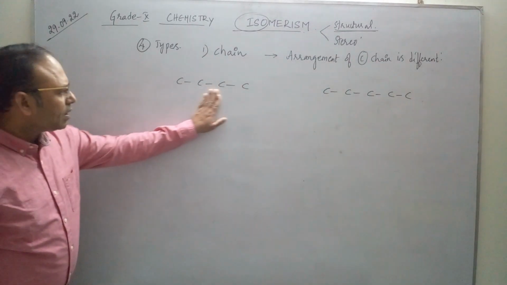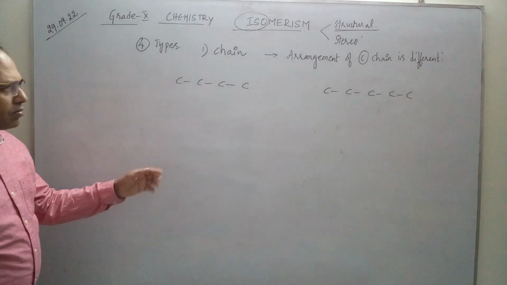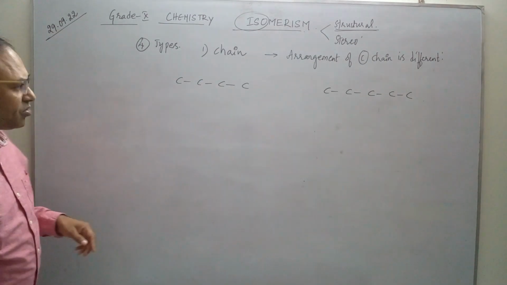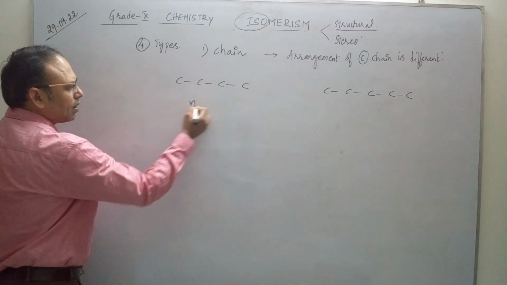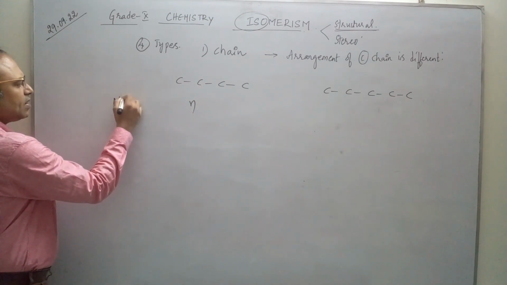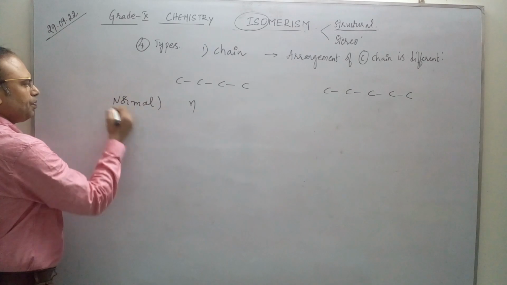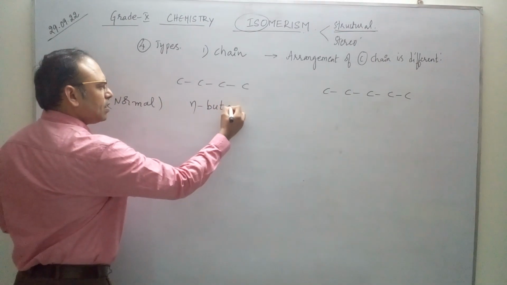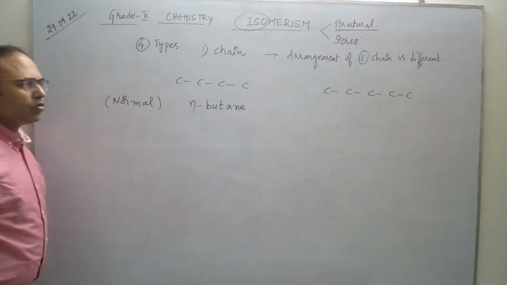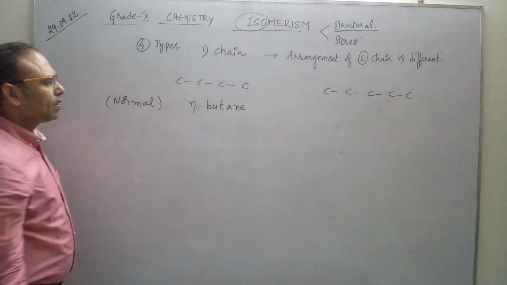If you are writing a 4 carbon chain or 5 carbon chain in a linear way or straight chain, then it is represented as N. What is N here? N is nothing but normal. So 4 carbons root word but, single bonds, therefore ANE. So it is called N-butane.